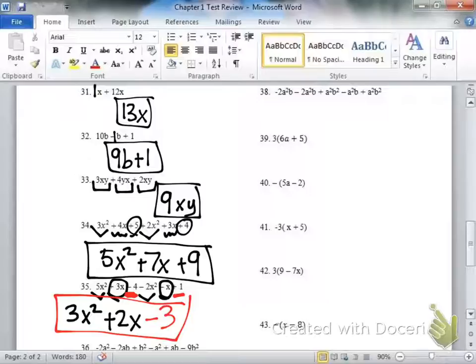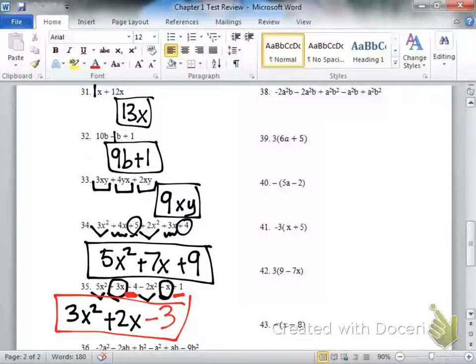Now, I will give you a hint of what a lot of students do. They will either forget the x's completely or they'll forget the exponents. So if you forgot this exponent, then you'd be like, oh, these are like terms. So you have to be very precise with your variables and with your exponents, or once you get away from the original problem, step by step, you'll start combining things that were not originally like terms.